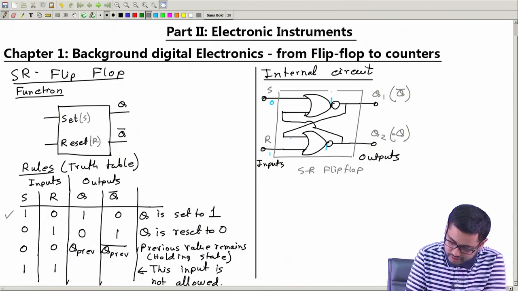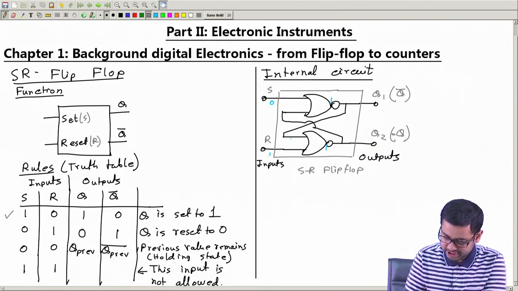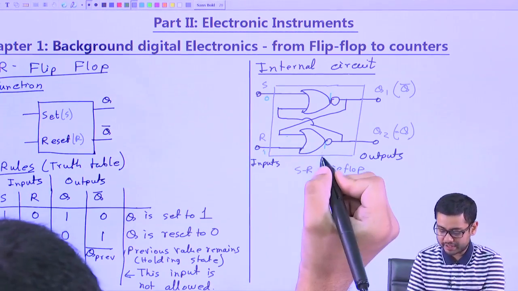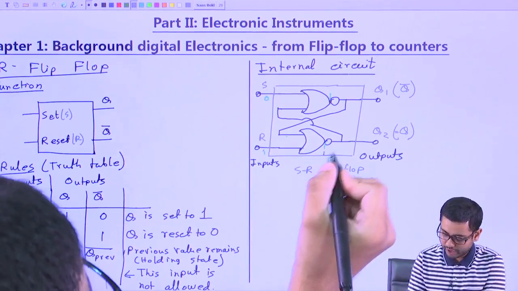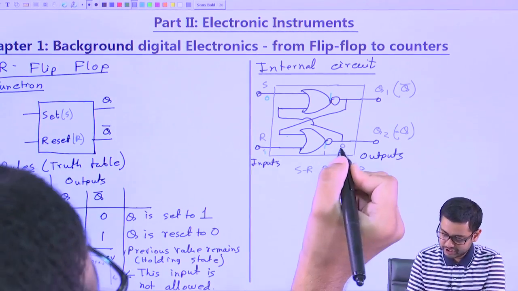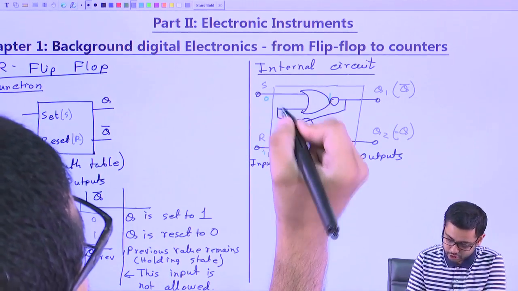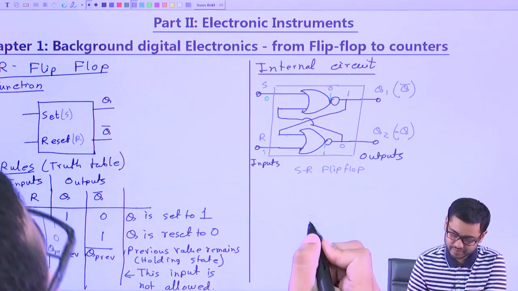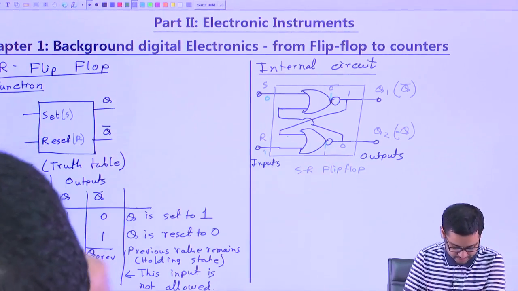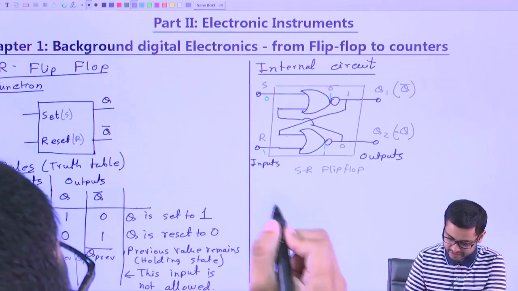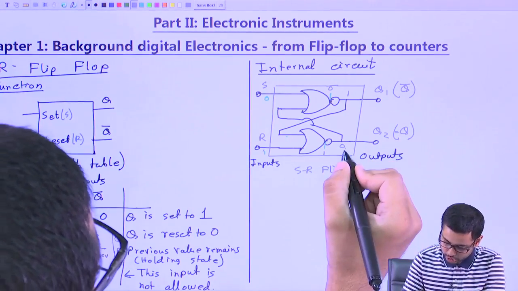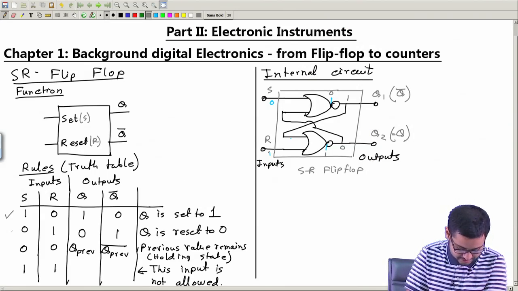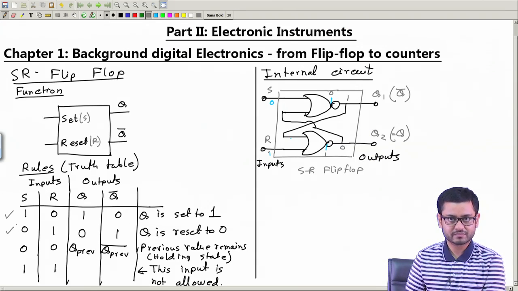Similarly this is 1, if this is 1, no matter what this value is, 1 OR anything is of course 1. If this is 1, this is definitely 0, and if this 0 comes here, 0 OR 0 is 0, after this bubble 1. So, if I give 0 and 1 like this, then the output is Q equal to 0, Q bar equal to 1. So, this condition is also satisfied.